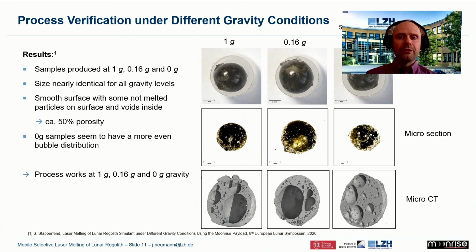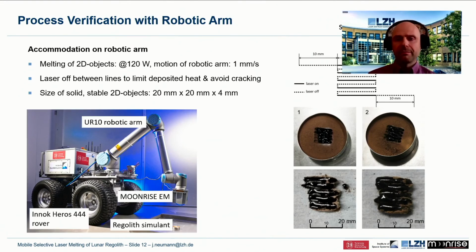If you do some microsections or even micro CT, which is also depicted here, you can see that there are big voids inside these samples. And for microgravity, they are a little bit more equally distributed. But in principle, the process works at all gravity conditions.